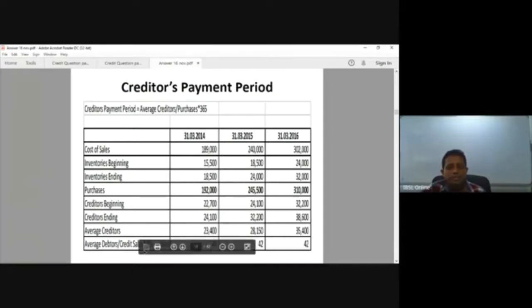This line item should be corrected as average creditors divided by purchases into 365. I used the same formula that we used to calculate the debtors collection period. But anyway, the answers will be 44 days, 42 days, and 42 days.